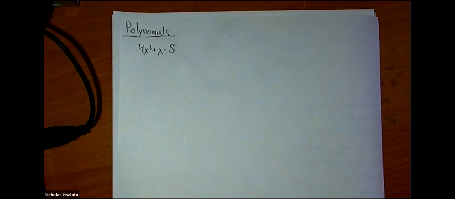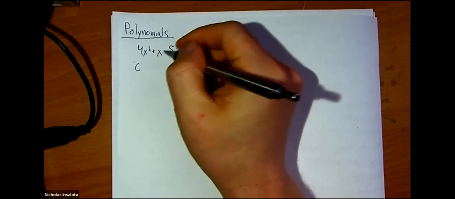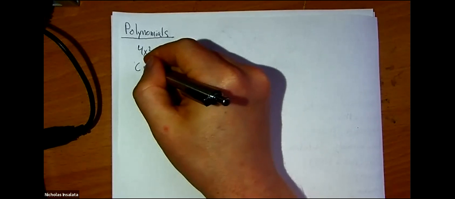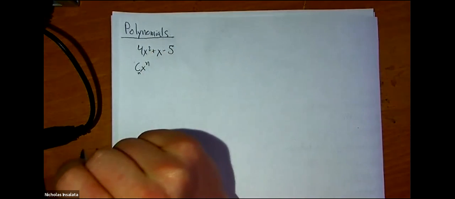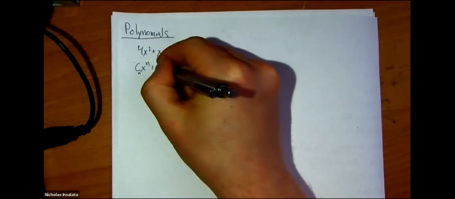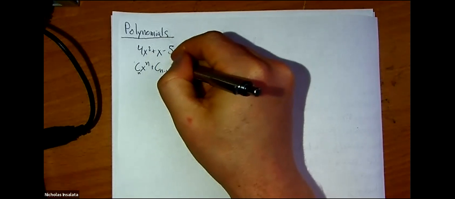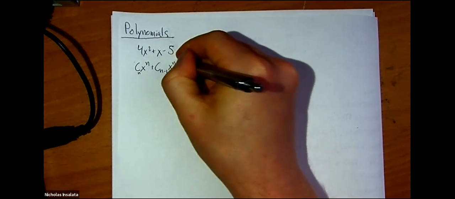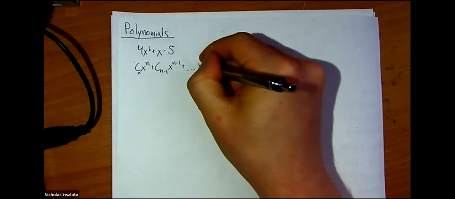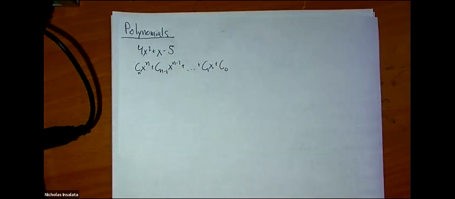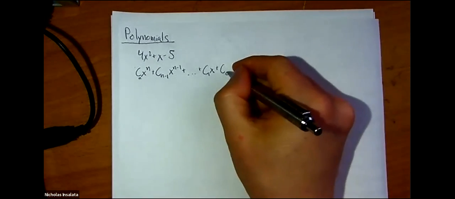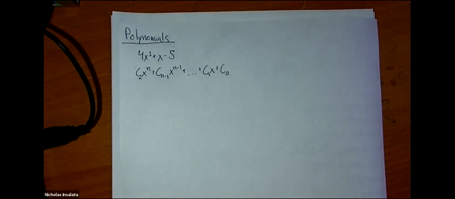And if we wanted to make this a little bit more abstract, maybe we could say it's some coefficient times x to the n. Maybe we'll call this the nth coefficient, c sub n, plus some n minus first coefficient times x to the n minus 1, plus yada, yada, yada, plus the first coefficient times x plus the 0th coefficient, which would be times x to the 0, but usually we don't write that, yeah?